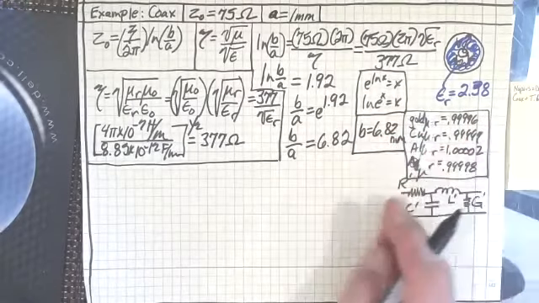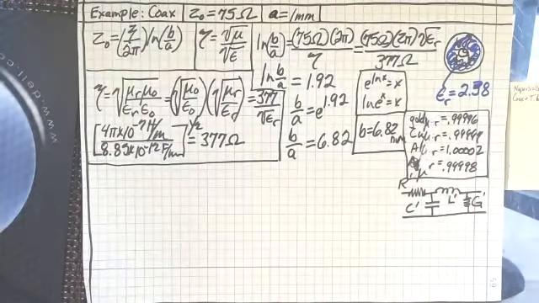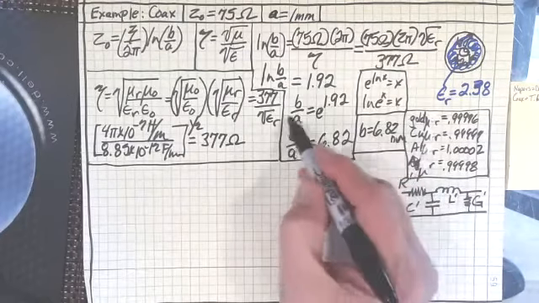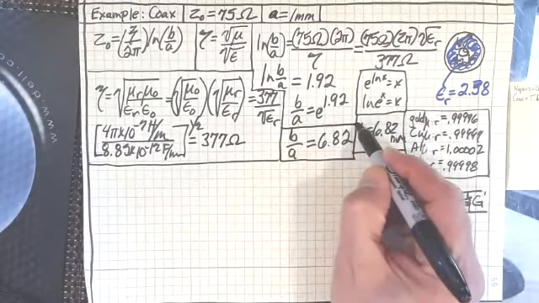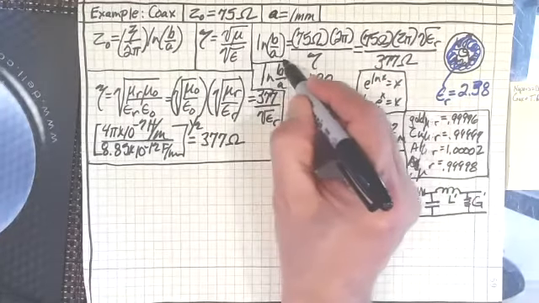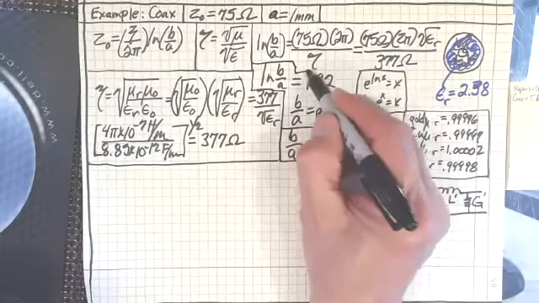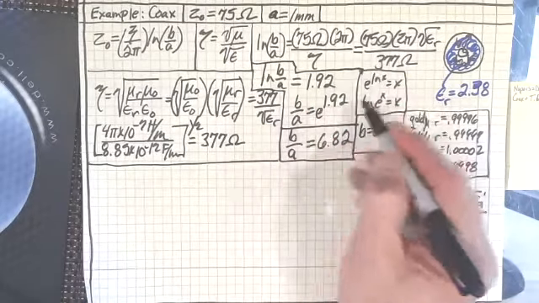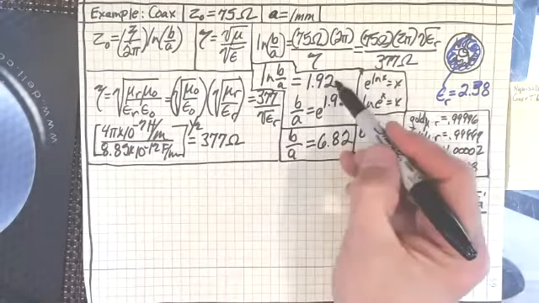There, that's good. We know A equals 1 millimeter. We know the ratio between those two is 6.82. And we also know that the natural log of B over A, because we're going to need that later on in the solution of some of the characteristics here, is 1.92.